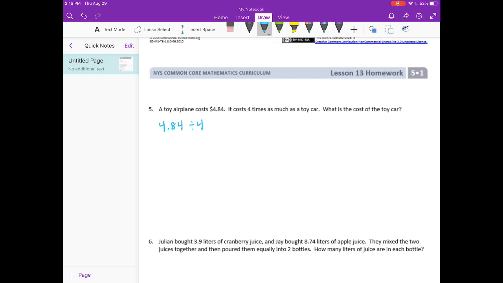And what we can do is break it up. So if we have 4 ones divided by 4 plus 8 tenths divided by 4 plus 4 hundredths divided by 4, we would get 1 in the ones place, plus 8 tenths divided by 4, 2 tenths, plus 4 hundredths divided by 4, 1 hundredth.